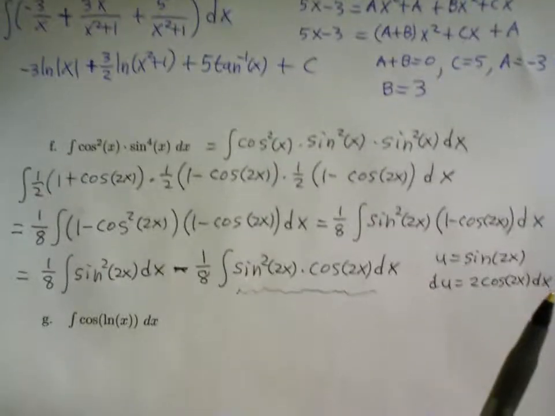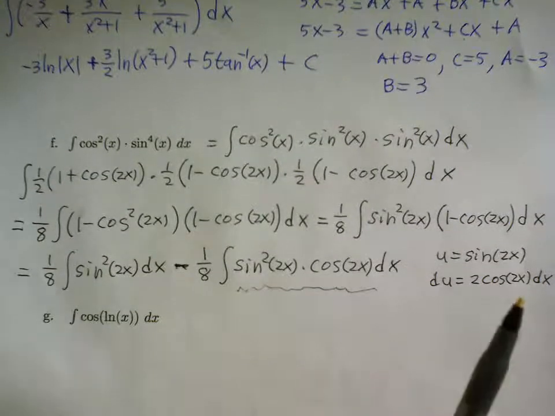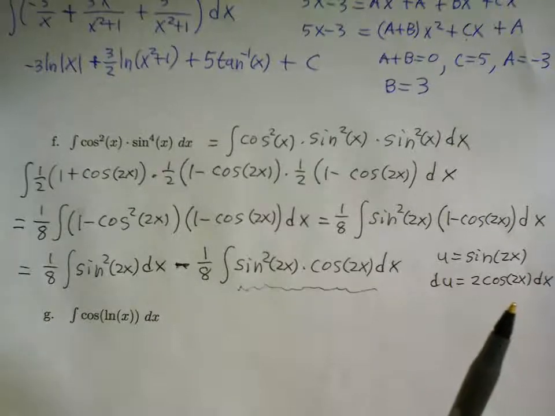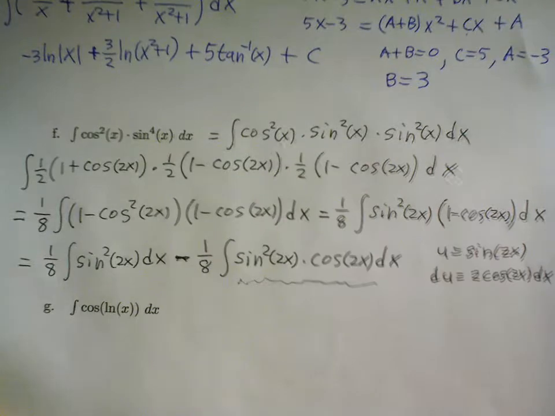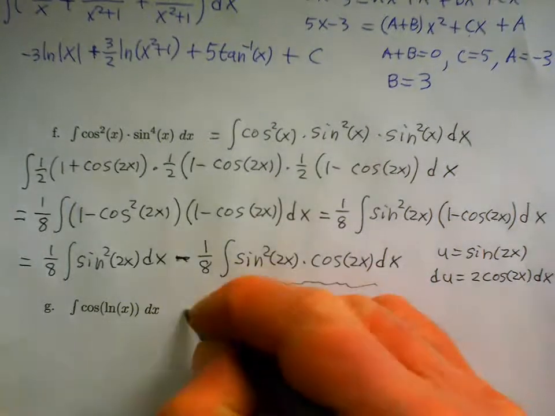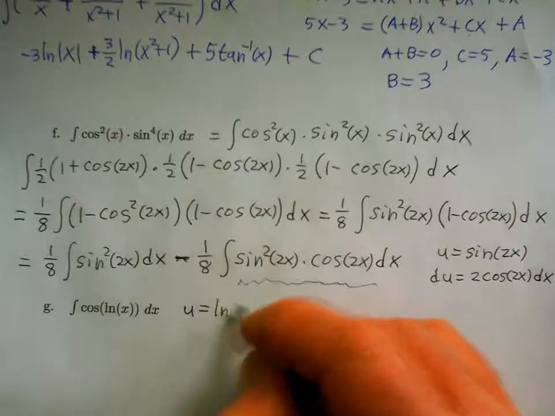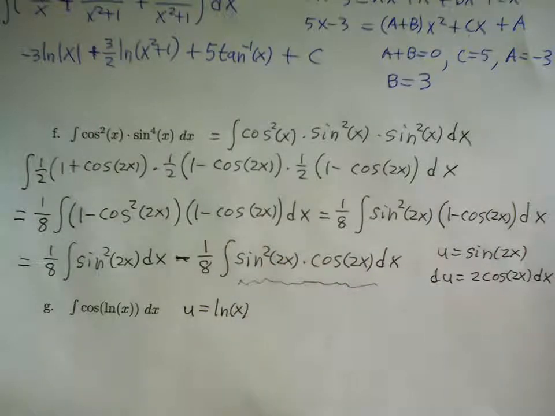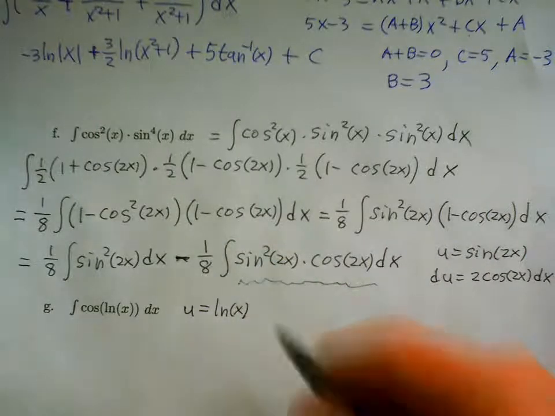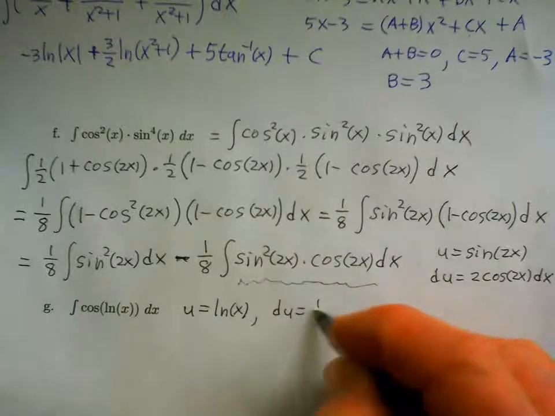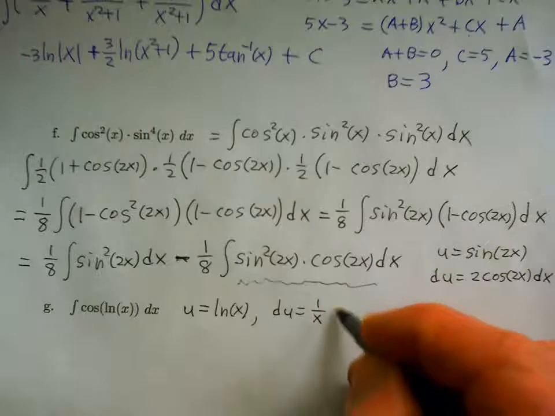Okay, part G, the indefinite integral of cosine of the natural log of x. So if we assign u to be the natural log of x, we're just using a substitution. U is the natural log of x, so du is 1 over x dx.